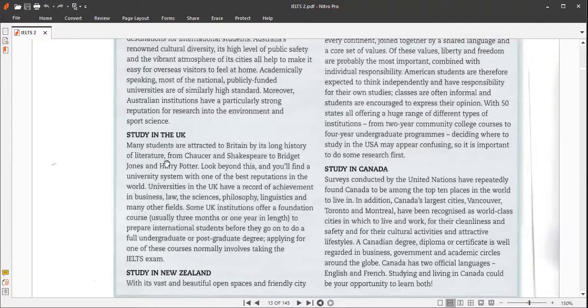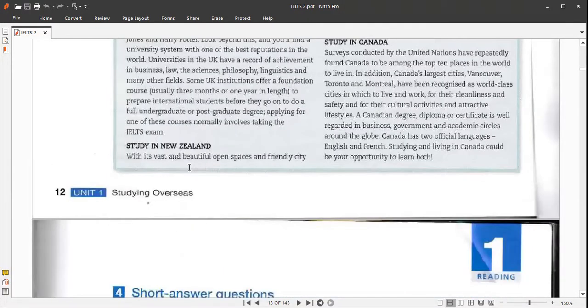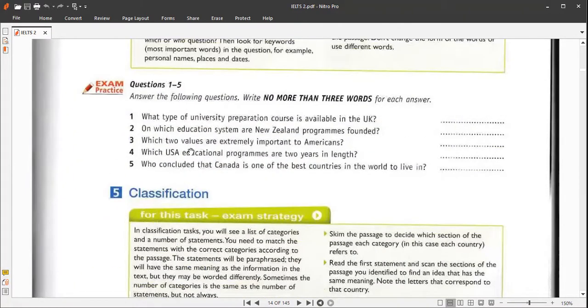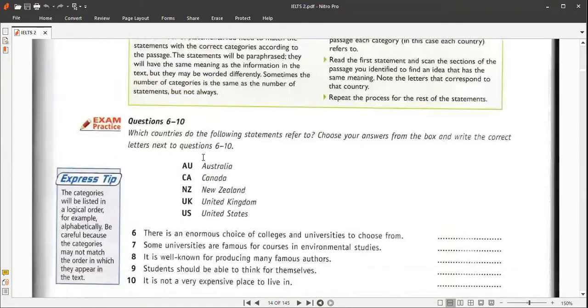UK. Wow, it's long history of literature. Look beyond this and you'll find a university system with one of the best reputations in the world. So it has a long history of literature, which means there are lots of writers there. So it should be UK. Students should be able to think for themselves.